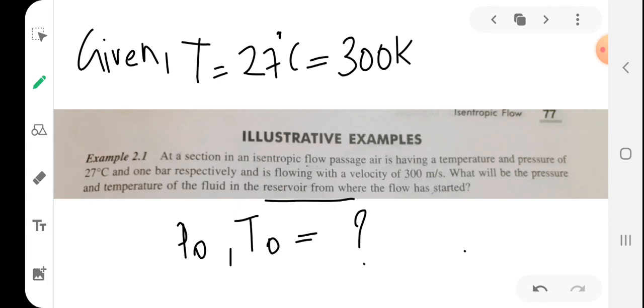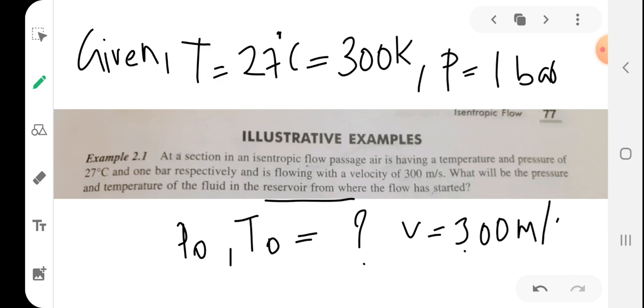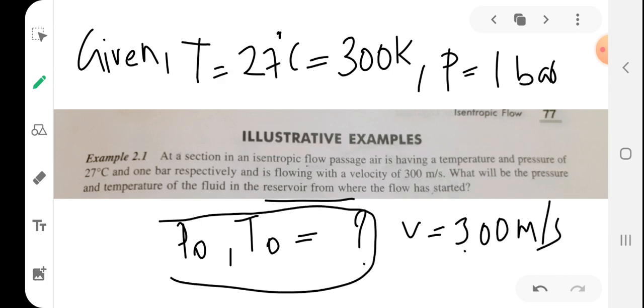And pressure P equal to 1 bar or 1 into 10 raised to 5 Pascal. Okay, so pressure is 1 bar and is flowing with a velocity V 300 meter per second. So we have to find P0 and T0.